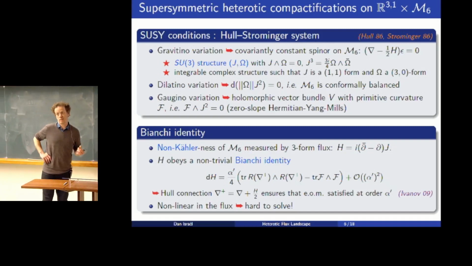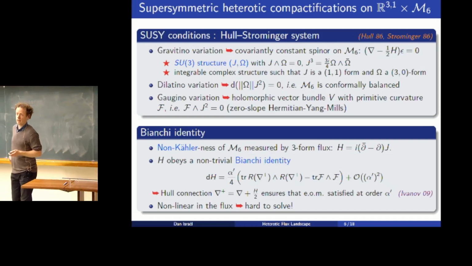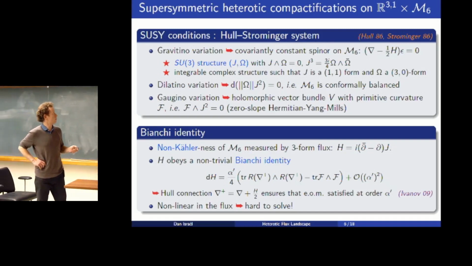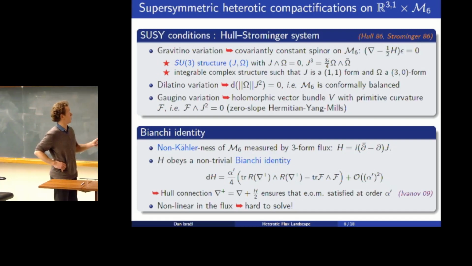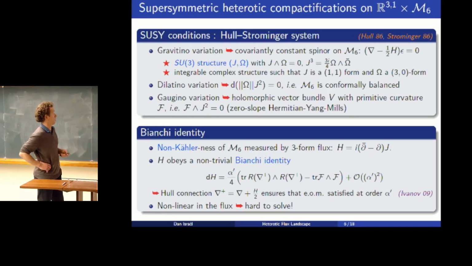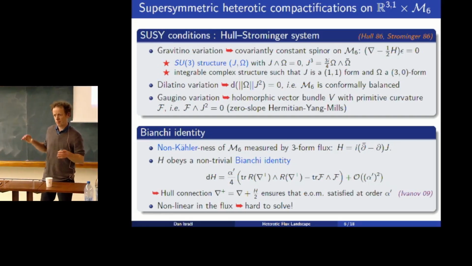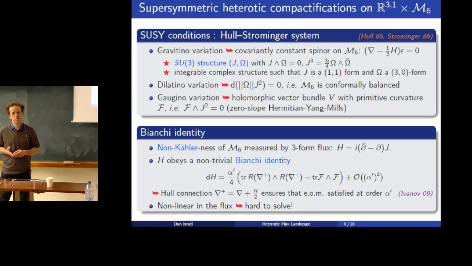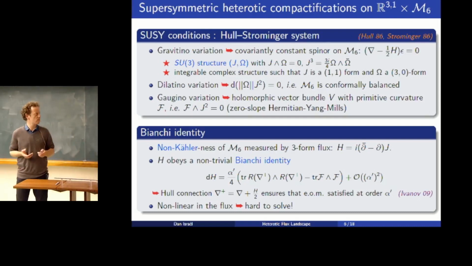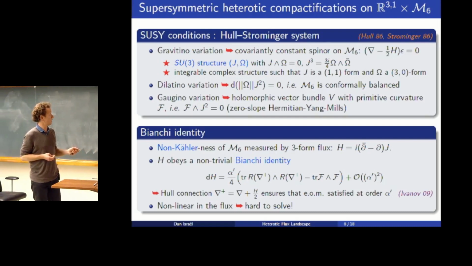And on top of this, because it's heterotic, you also have to say something about the gauge bundle. The connection of the gauge bundle has to obey this equation, which is the zero slope limit of Hermitian-Yang-Mills. So this is the data of your compactification, but these things are not independent because they have to obey an anomaly cancellation condition, which is the Bianchi identity.